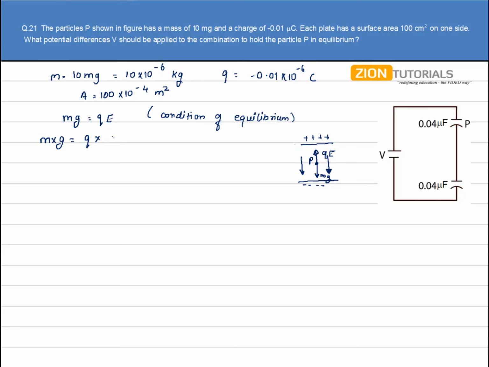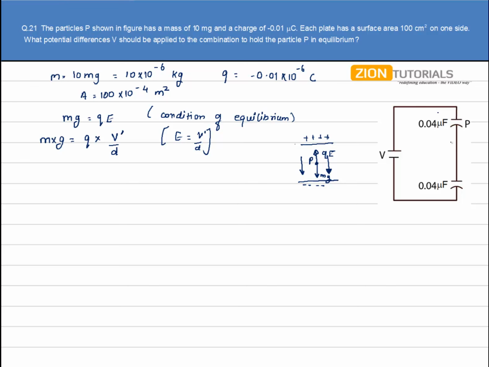Now electric field is given by V by D, where V is the potential difference between the capacitor plates. Now let us assume that this potential is V dash. Now this V dash is the potential difference between the capacitor plates.